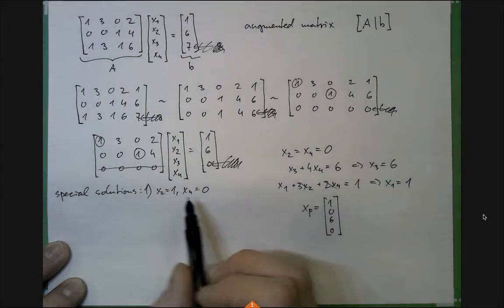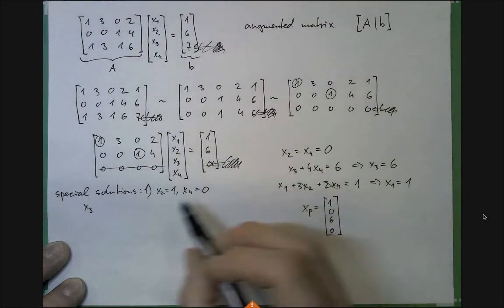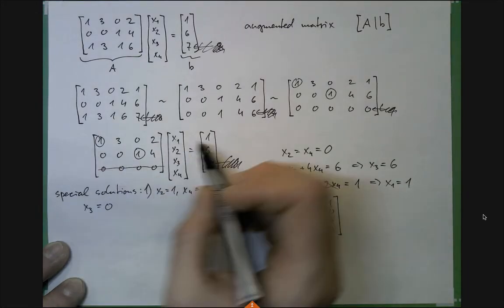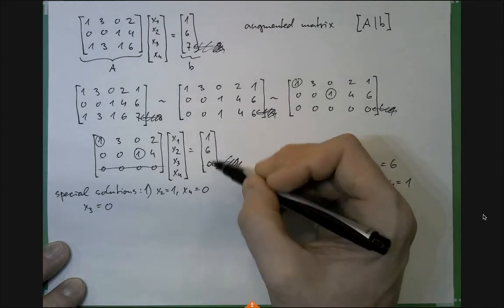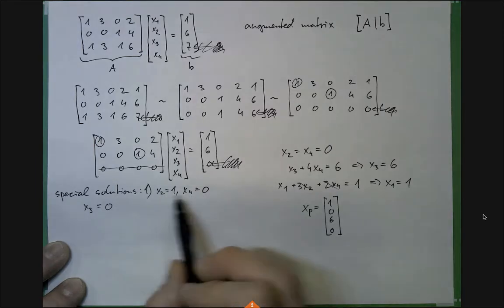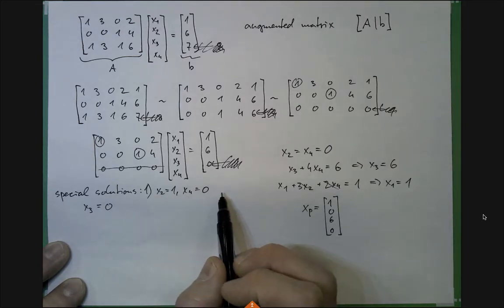Let's see, what do I get? So that means that x3 equals 0, right? So now the right hand side is all zeros, okay? And I'm substituting for my free variables the standard basis vectors. So here it's 1 and 0. Are you with me?